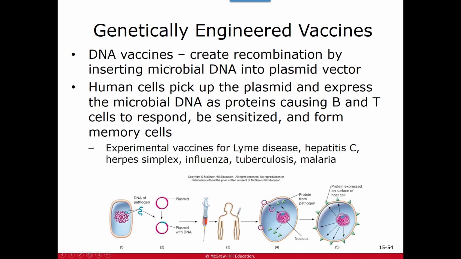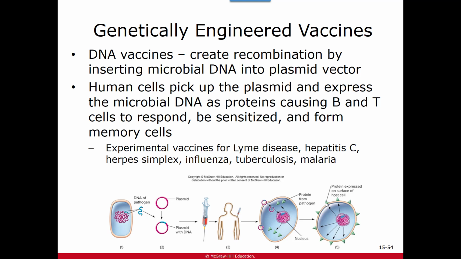It means your cells can make that particular microorganism's antigen. So your cells can start churning out little green triangles, which is something that this particular organism would have had. And so your immune system would recognize that particular antigen. It would be able to mount an immune response. You would have memory cells. So if you ever encountered those little green triangles again, you'd be able to fight it off.